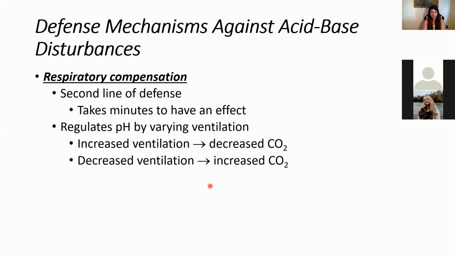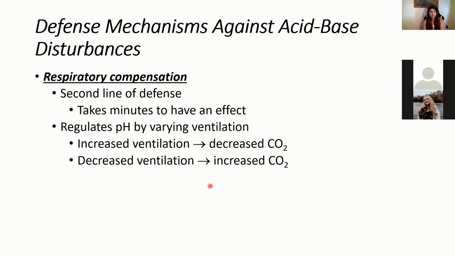So the next quickest thing we can do about a messed up pH in our plasma is respiratory compensation. We consider this our second line of defense, and it's going to regulate the pH by changing ventilation. If we have blood that's too acidic, so we're in acidosis, either because we have too many hydrogen ions or because we have too much carbon dioxide, very simply, we can just increase ventilation.